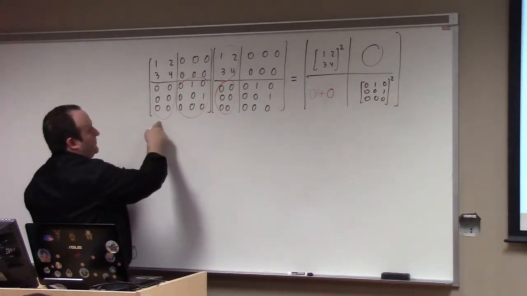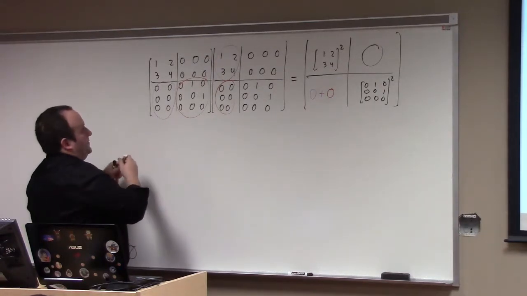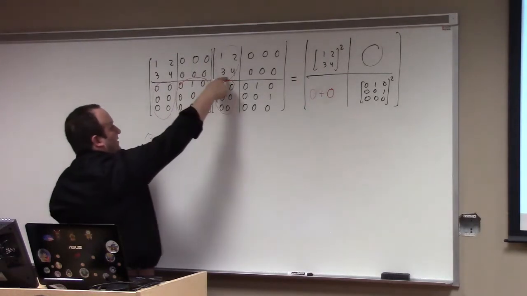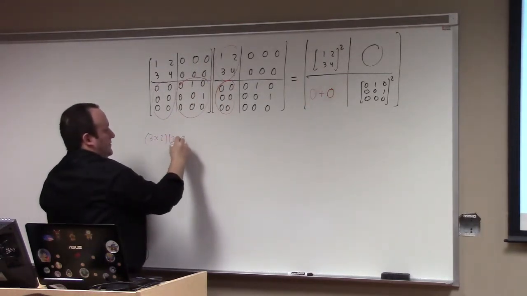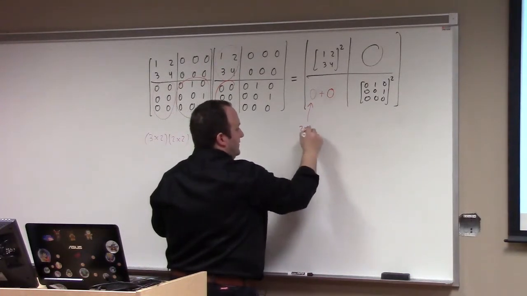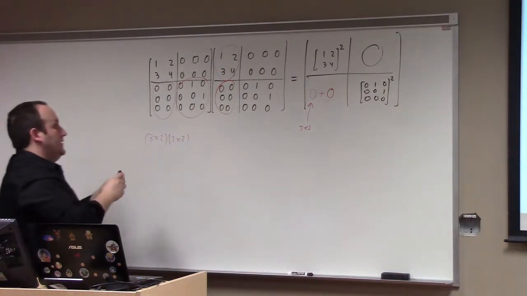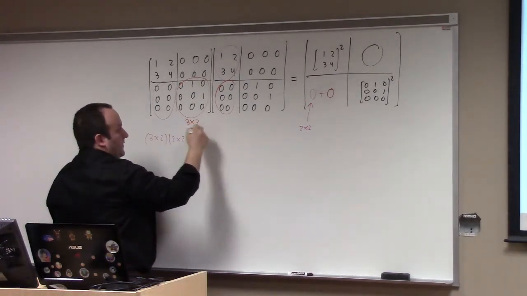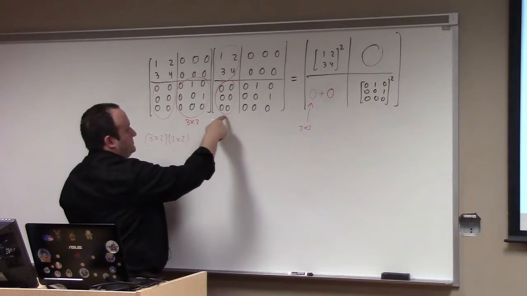So this, of course, the pink, we're looking at a 3 by 2. What's the corresponding block up here? 2 by 2, right? So this pink 0 is actually the 2 by 2 0. And just to make sure the counting makes sense, this is a 3 by 3, right? And we're multiplying it by this, which is what?